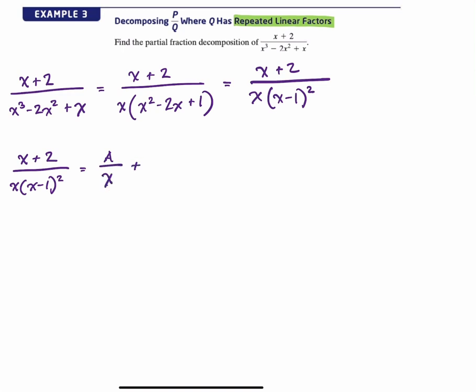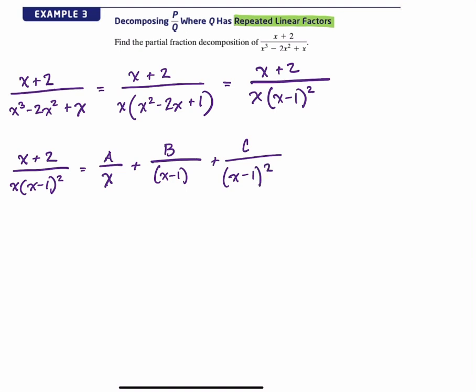For the second term, we'll have b over just x minus 1 to the first power. And then we will get a third fraction, so I'll have to say plus some unknown c over x minus 1 squared.